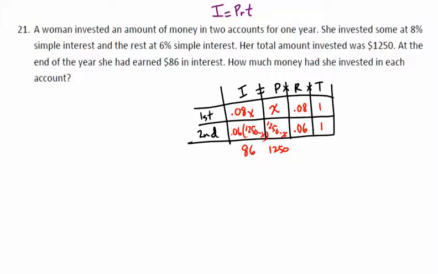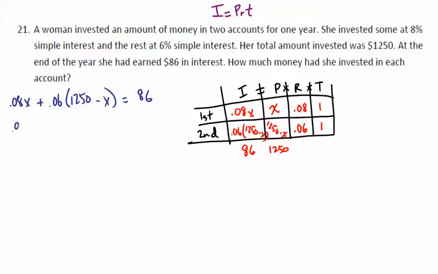So we're going to add the 2 interest amounts. We get 0.08X plus 0.06 times 1250 minus X is going to equal 86.